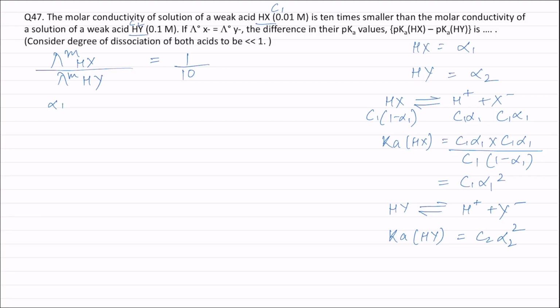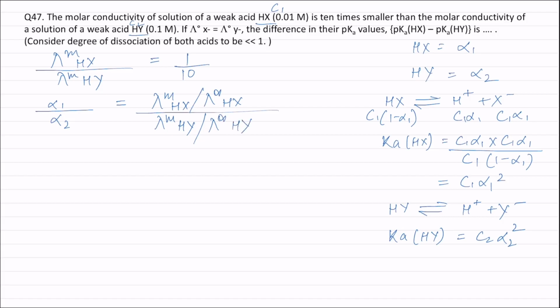Now alpha 1 divided by alpha 2 will be equal to, the value of alpha 1 will be equal to molar conductivity of HX divided by conductivity at infinite dilution of HX, and alpha 2 will be equal to conductivity of HY divided by conductivity at infinite dilution of HY.